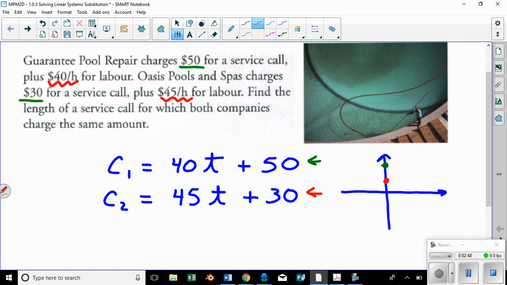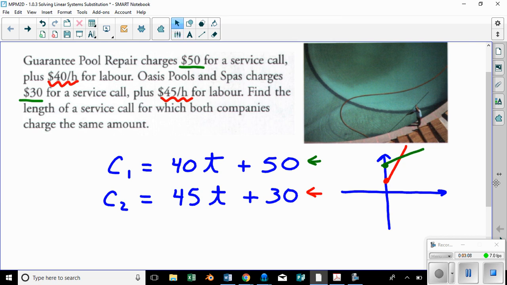Those are your two y-intercepts. But C2 has a higher slope than C1, 45 being the slope for C2, 40 being the slope of C1. So 45, I'm just estimating here, is going to be a slope that looks something like this, and the 40 is going to be a less steep slope.